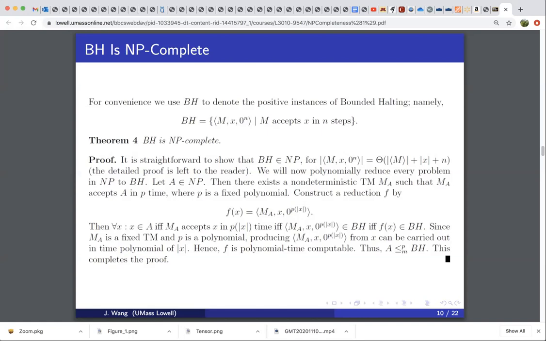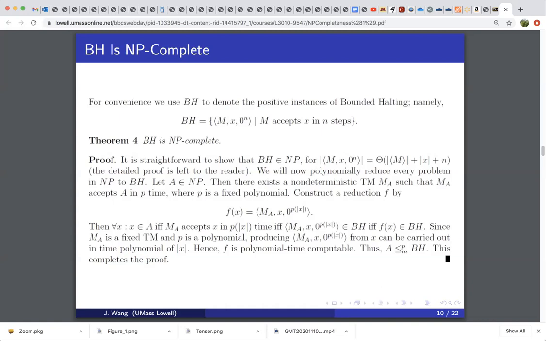Okay, so two things. Why is it in NP? Well, again, you just think of it this way: I can guess a computation path, and then I verify that the computation path has length n and that it has an accept state, right? So that is in NP because the verification can be done in polynomial time.